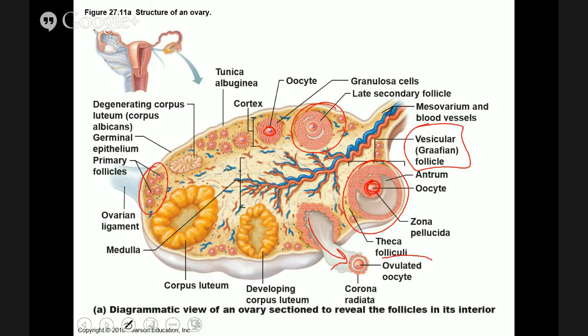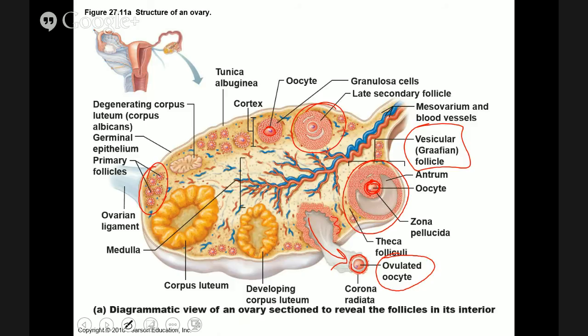Now we have the ovulated oocyte surrounded by a cluster of cells called the corona radiata. When we jump into the reproductive system in advanced A&P, that's where we're going to start. We're going to start with the ovulated oocyte with the corona radiata that the sperm have to penetrate through. Okay, but that's a discussion for another time.